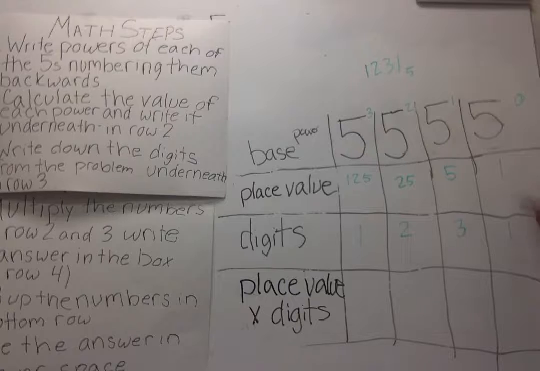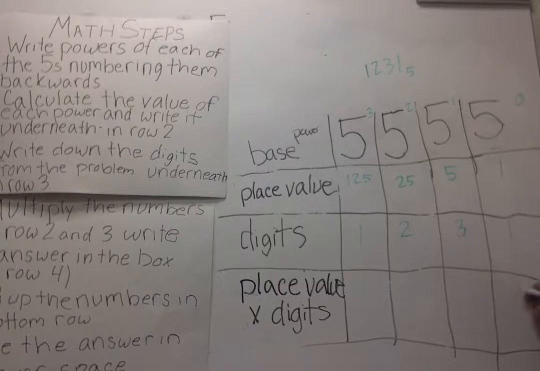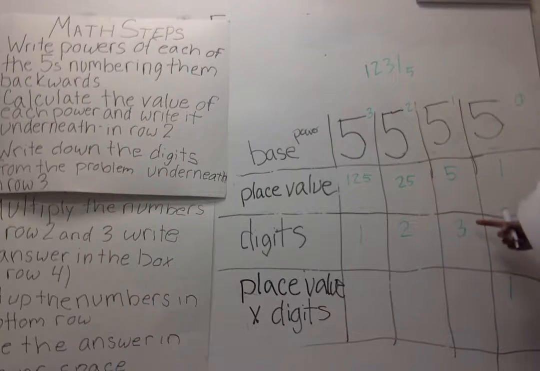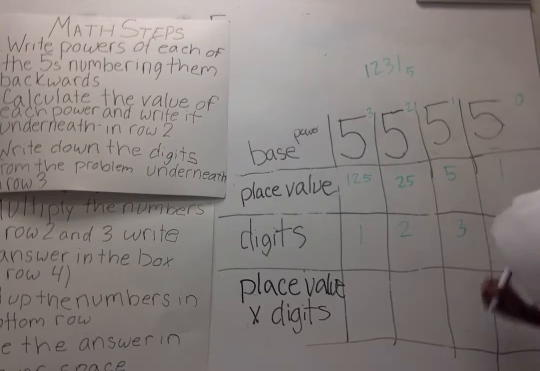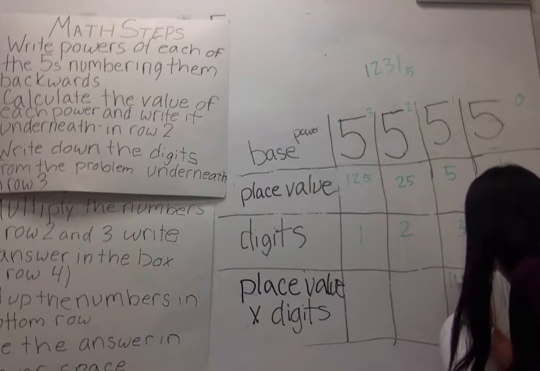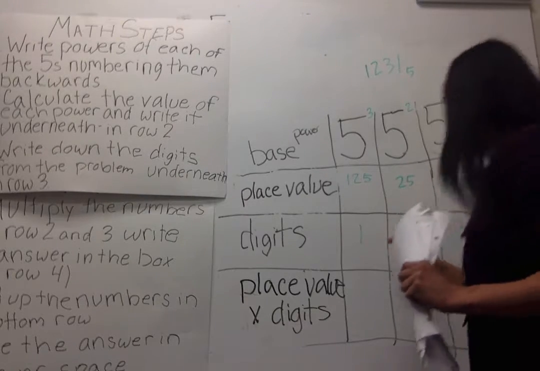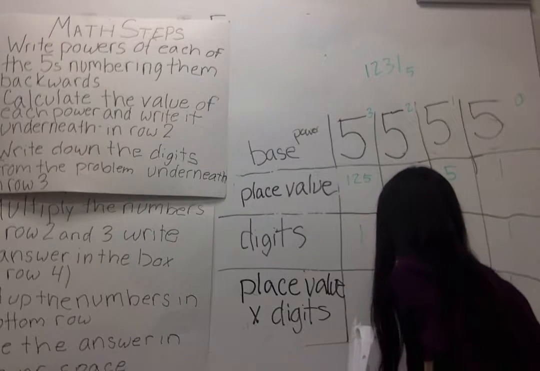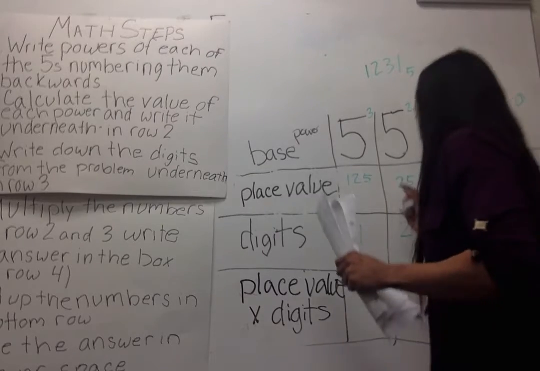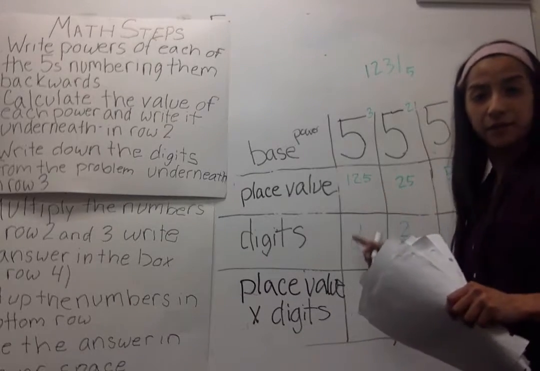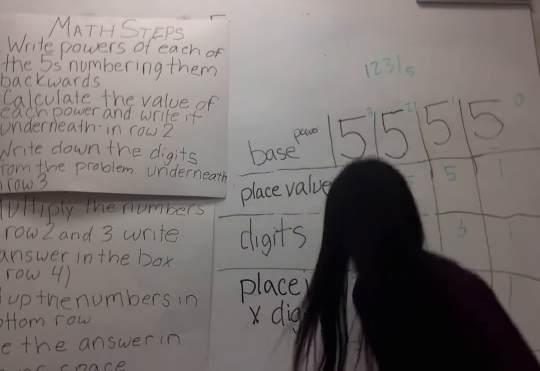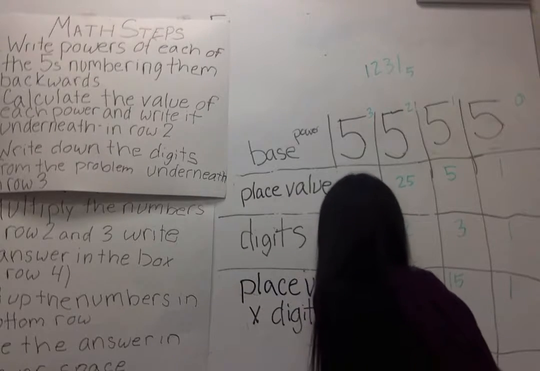So 1 times 1 would be 1. 3 times 5 would be 15. 25 times 2 would be 50. 125 times 1 would be 125.